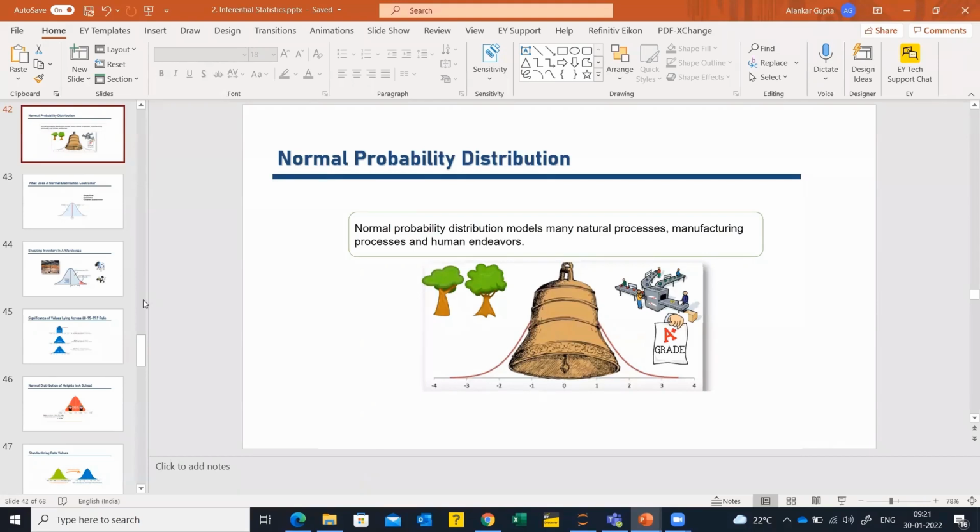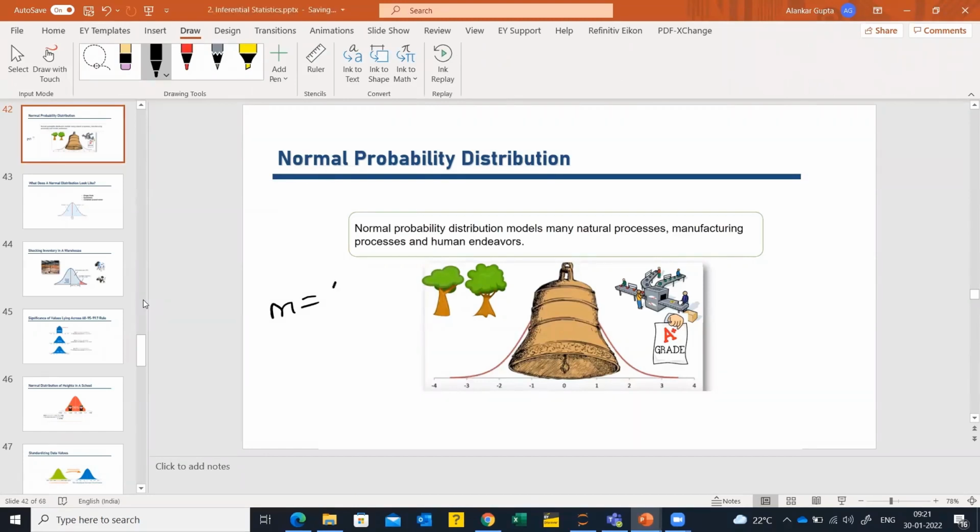Right. So a standard normal distribution basically has a mean of 0. Okay, I'm denoting mean as m. We can also denote it by mu. Mu is equal to 0, and the standard deviation SD is equal to 1. So this is a standard normal distribution.